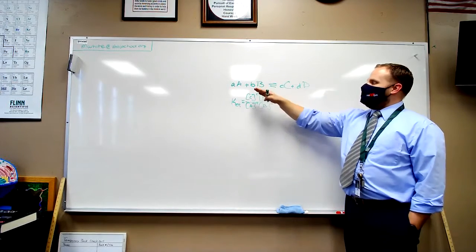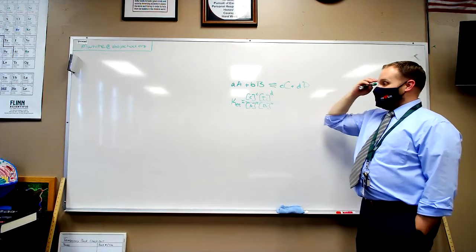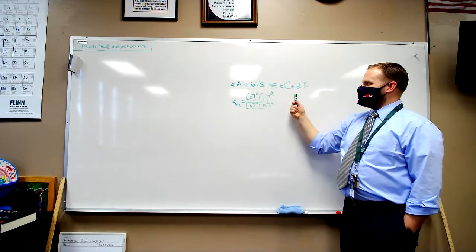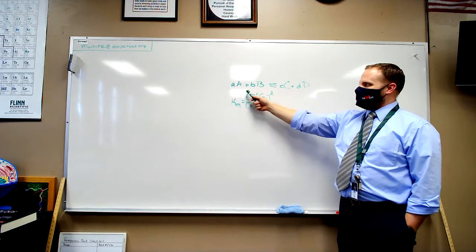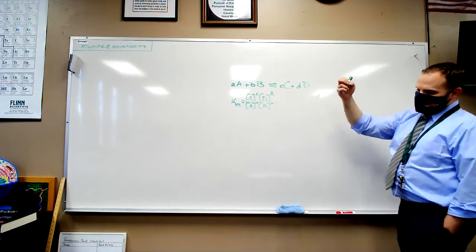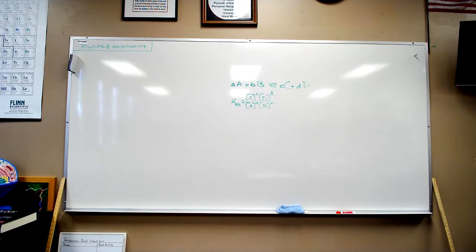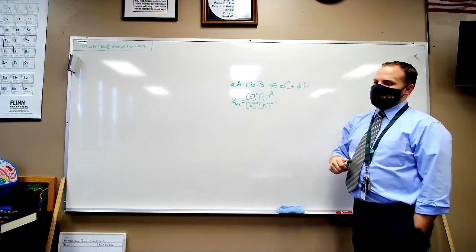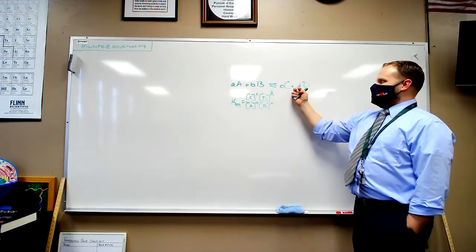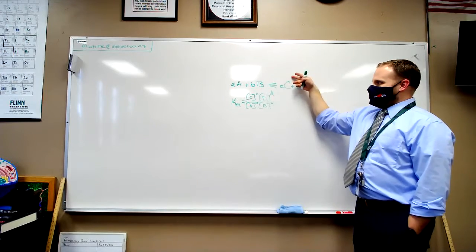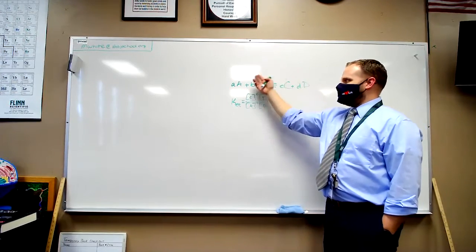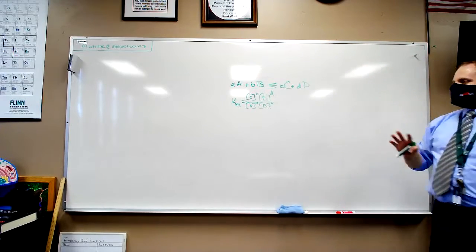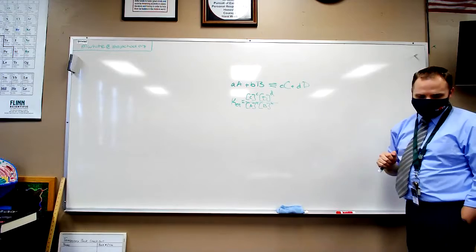So if we add it over here, it shifts this way. If we add it over here, it shifts that way. If you take things away, equilibrium shifts towards what you're taking away. So if we take away these, equilibrium shifts this way. If we take away these, it shifts that way. So concentration. We can change concentration.